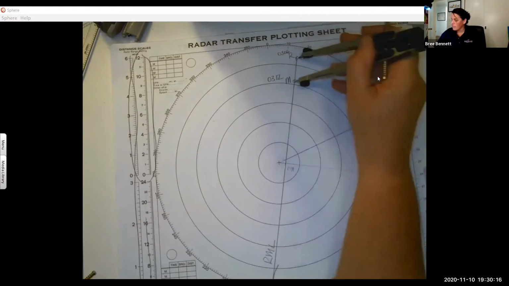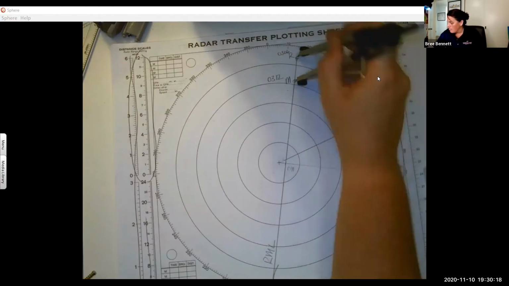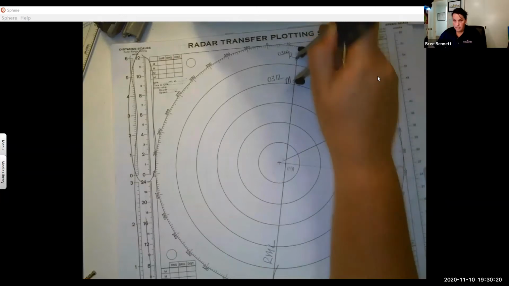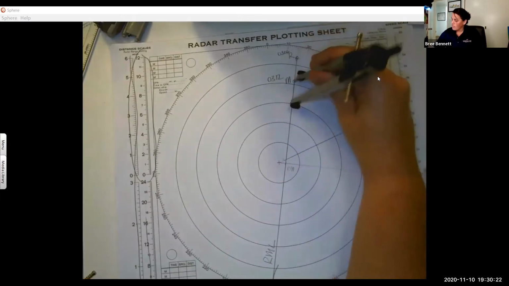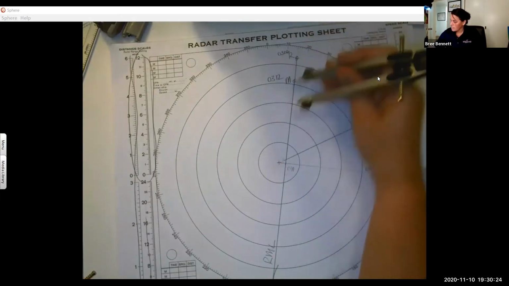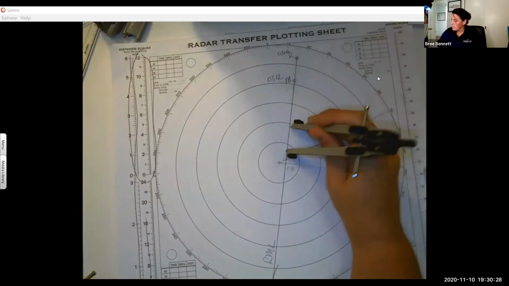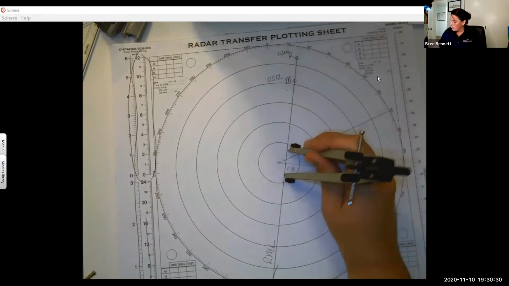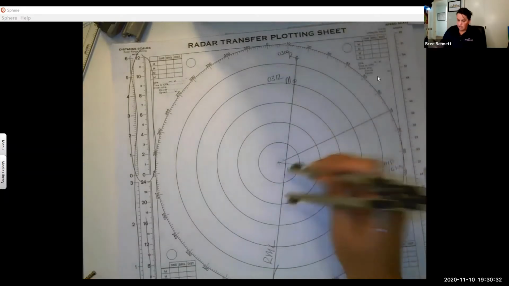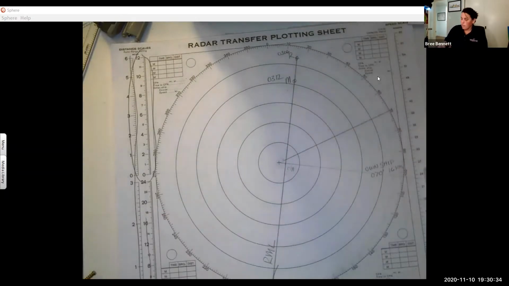right? This is our relative motion in 6 minutes. So I walk this over. That's where it's going to be 6 more minutes, 6 more minutes, and so on. Then I'm going to mark these.